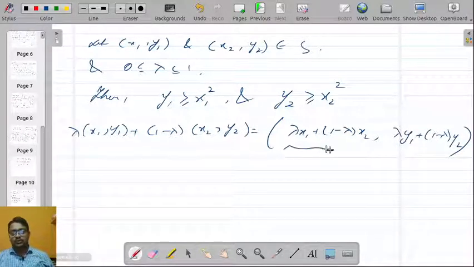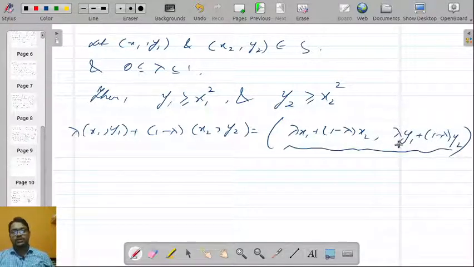Let us check whether this is a point inside S or not. It will be a point inside S if this y coordinate is greater than or equal to the square of the x coordinate. So we can do it this way.